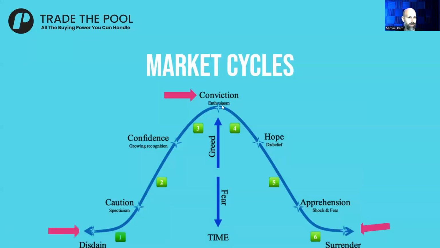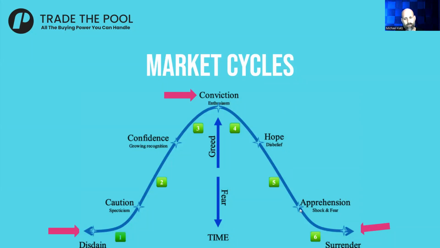Then we go into the peak, when most people think the price will continue higher and higher because they're getting into the euphoria stage. As soon as that happens, the price starts to decline. Hope comes into play, the feeling that maybe it's not a major drop, maybe the price will go again to the highest point and break through it.